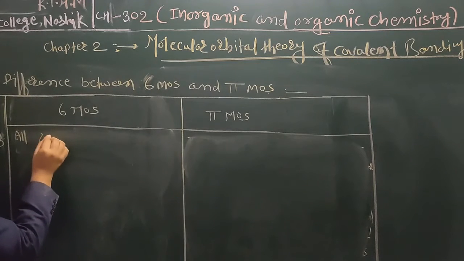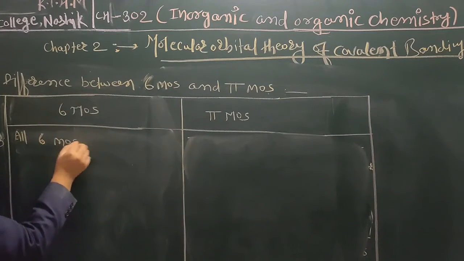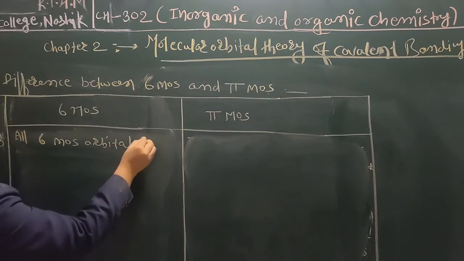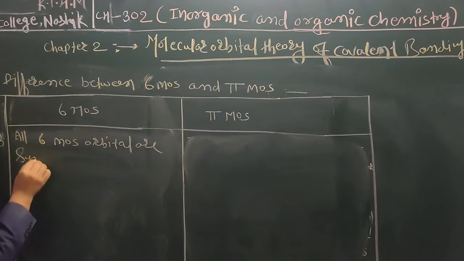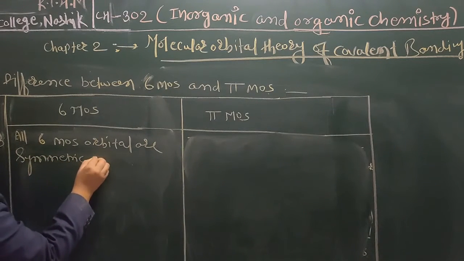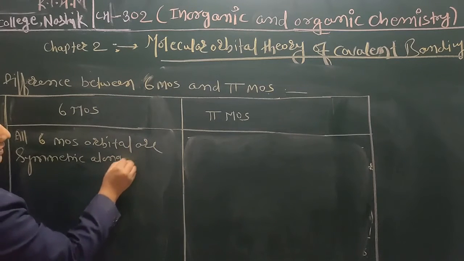Sigma bonding orbitals are symmetric along the internuclear axis.